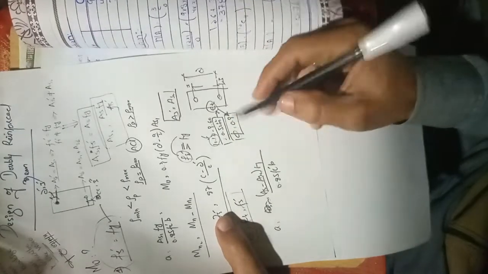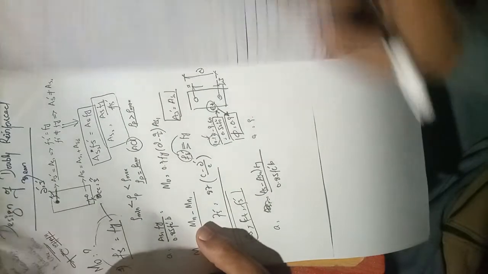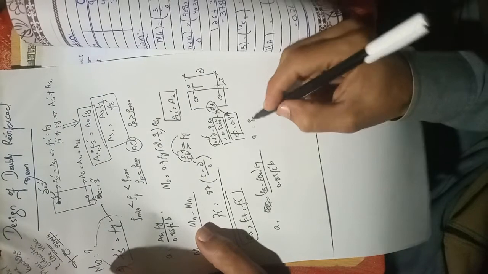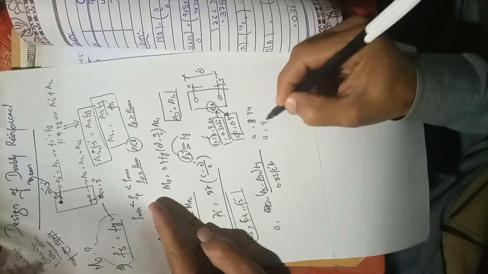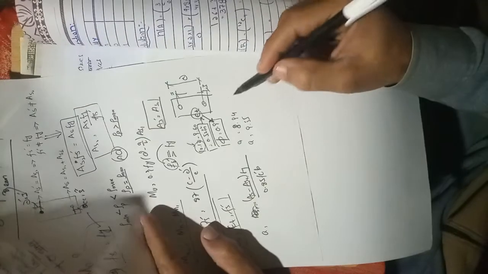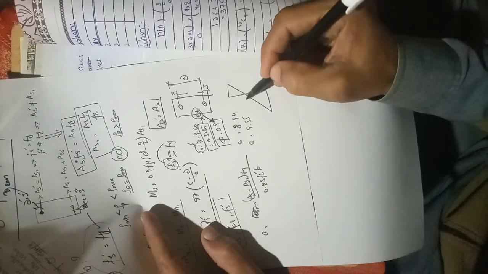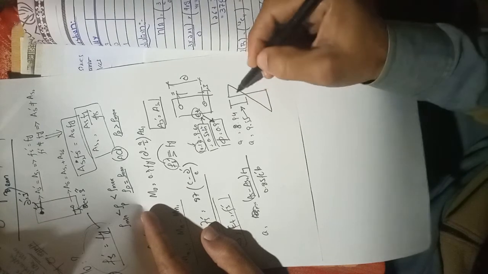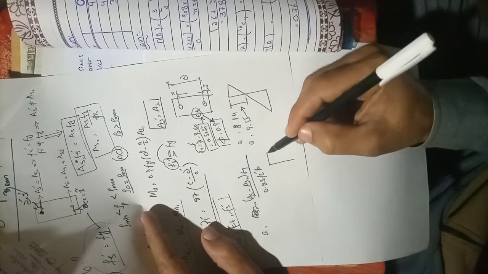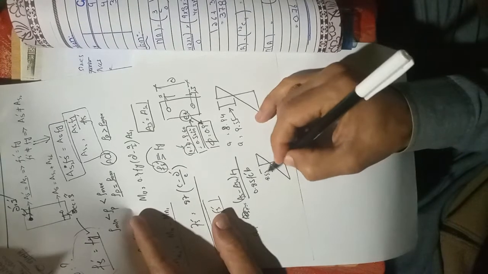This is important because in the first stage we saw the a value was 8.94, and now the recalculated value is 9.55. This means that the thickness of the concrete block is now increased, because in the first stage the thickness of the concrete block was this one, 8.55, right?